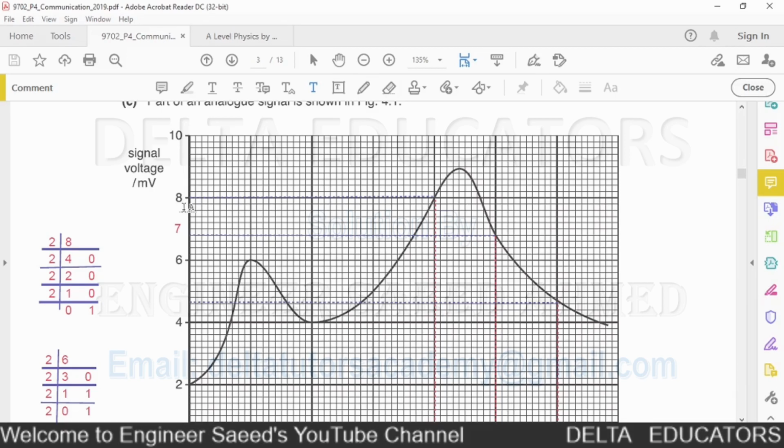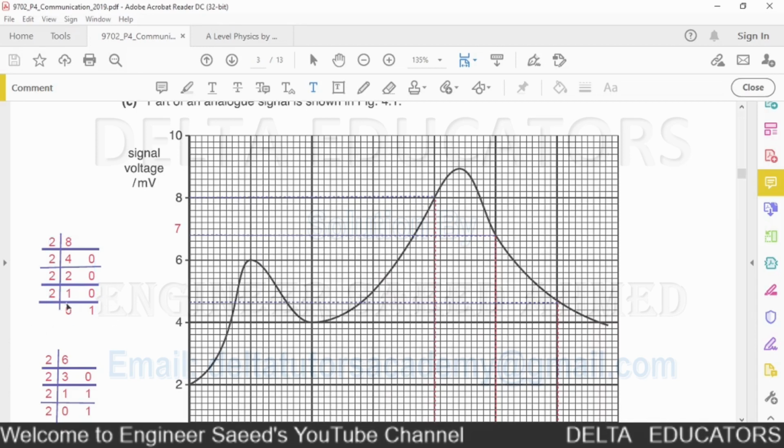We have to divide this 8 by 2 to convert it to digital form. 8 divided by 2 gives 4 and the remainder is 0. Again 4 divided by 2 gives 2, remainder 0. Then 2 divided by 2 gives 1, and again the remainder is 0.